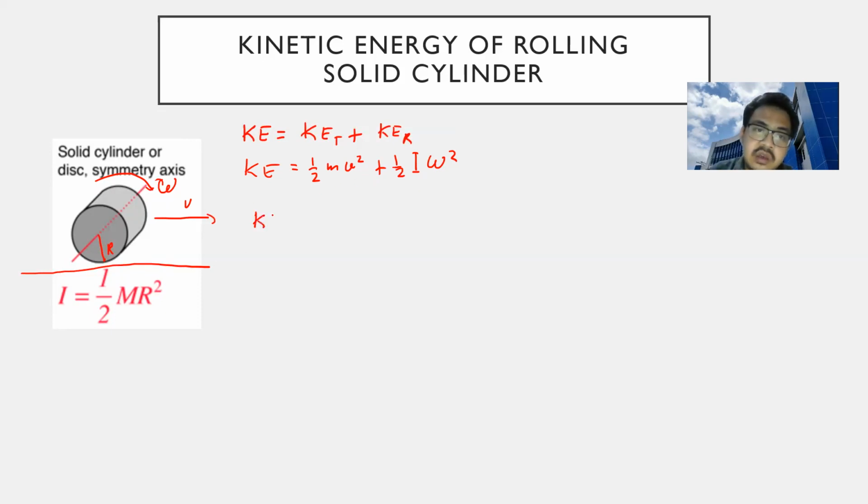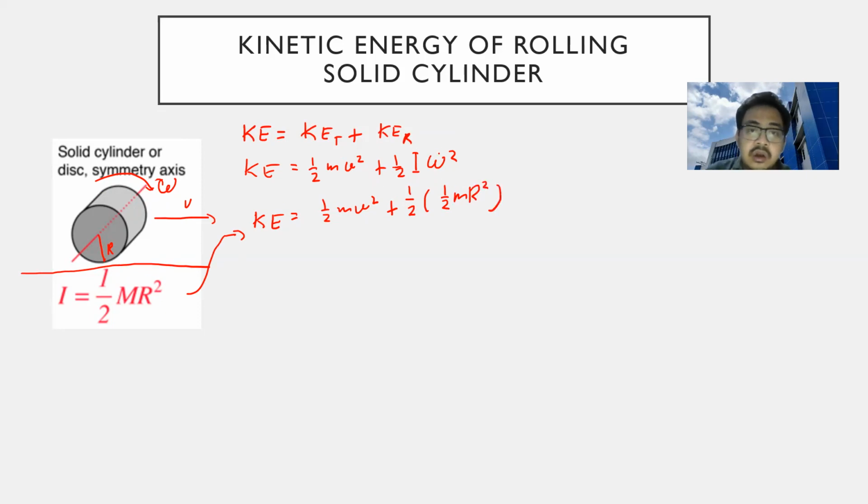The total kinetic energy will equal, this one is still the same. And now we can substitute the moment of inertia of the cylinder into this equation. This is half times m times r squared.